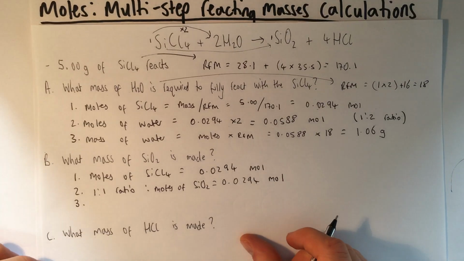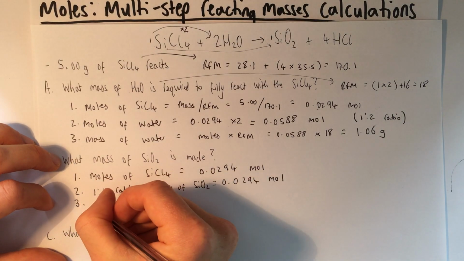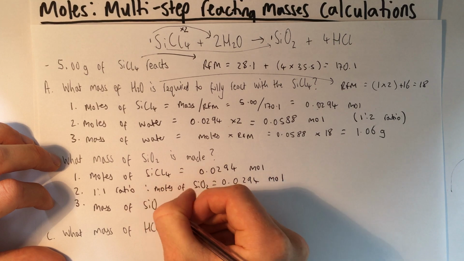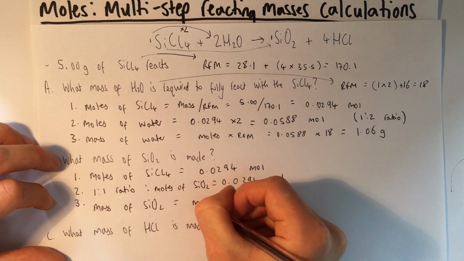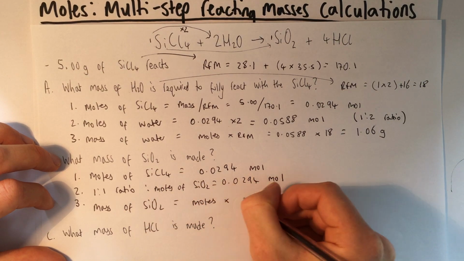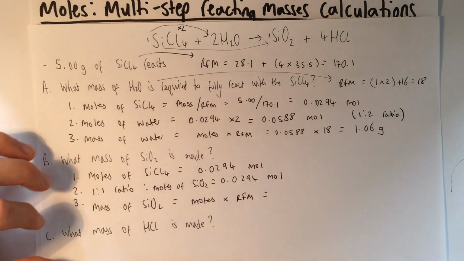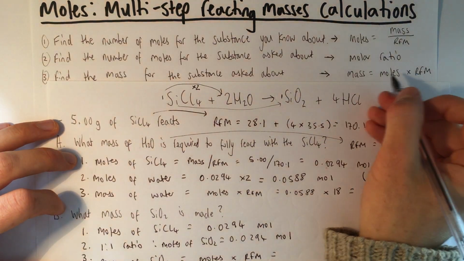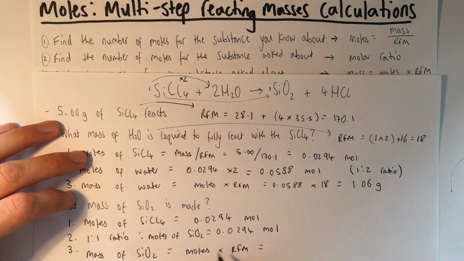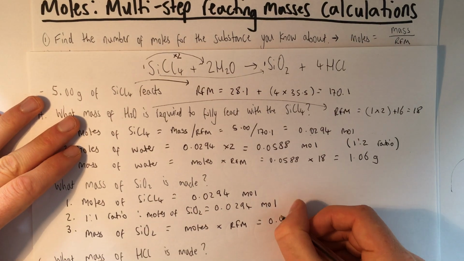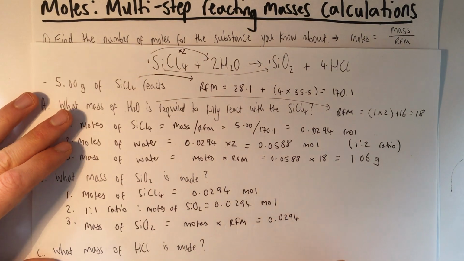And then the last step is to work out the mass of silicon dioxide, which is the moles times the relative formula mass, as I've written there. So the number of moles of silicon dioxide I've just worked out is 0.0294.